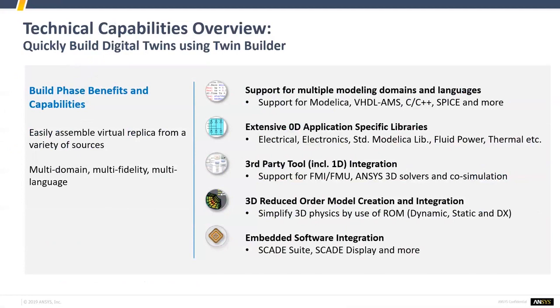Modelica plays a very big role in that, and the hydraulic and fluid power library is also based on the Modelica language. In addition to that, we also have libraries in VHDL-AMS, C/C++, SPICE, and some more. These libraries are drag and drop libraries.